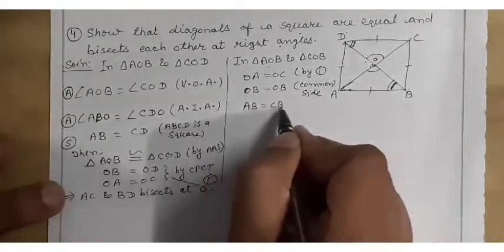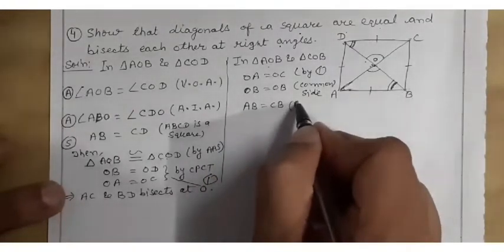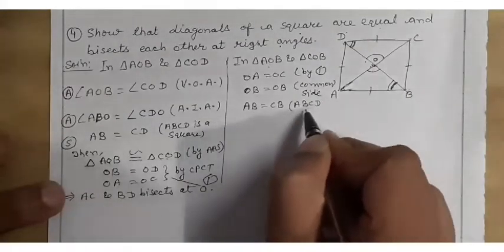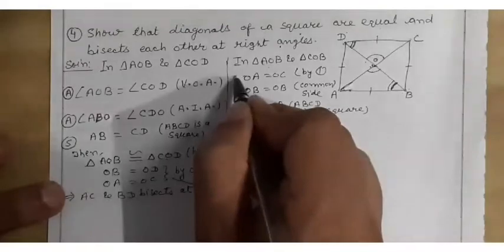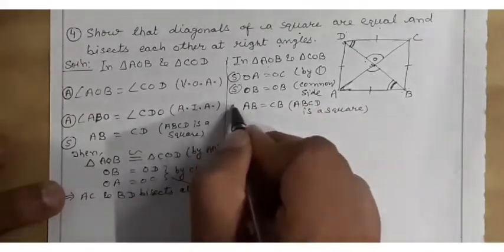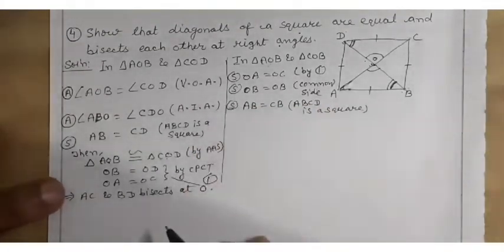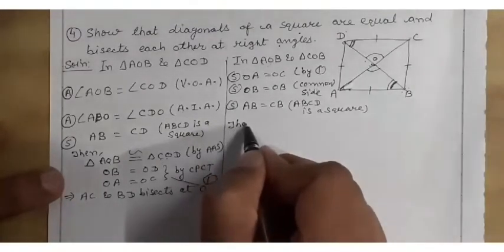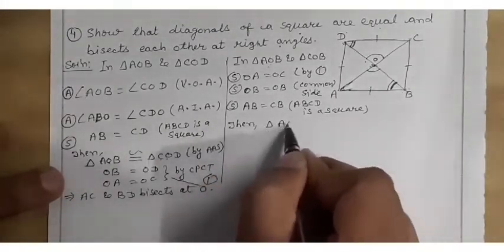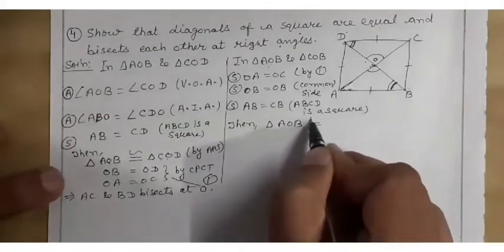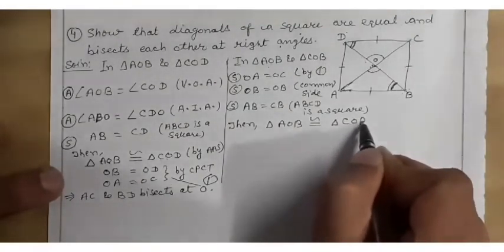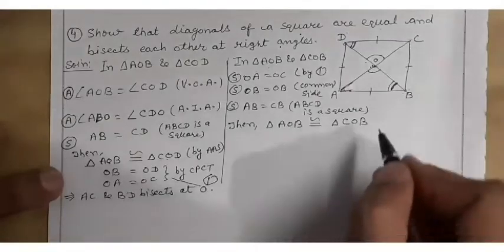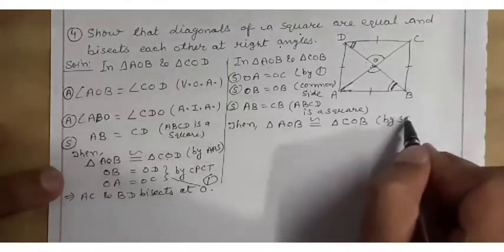AB equal to CB. This is because ABCD is a square. Okay, all these three are sides. Then what can we say? Triangle AOB will be congruent to triangle COB by SSS rule.